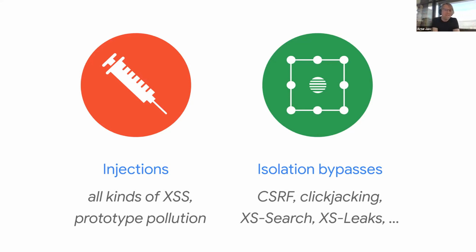You can slice and dice the problem class in many ways, but in the end, if you have an injection, it often means that someone else will be able to execute JavaScript in the code of your application and access all of the data within your origin, because as we learned from previous talks, the same origin policy is kind of underpinning most of web security. But I will not talk about that. I will talk about the other class of vulnerabilities, which is arguably more diverse, but just as interesting. And that is the area of isolation bypasses.